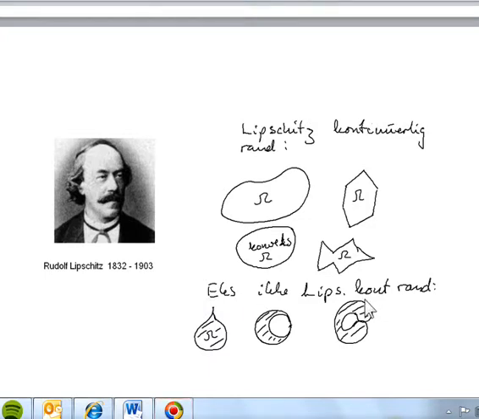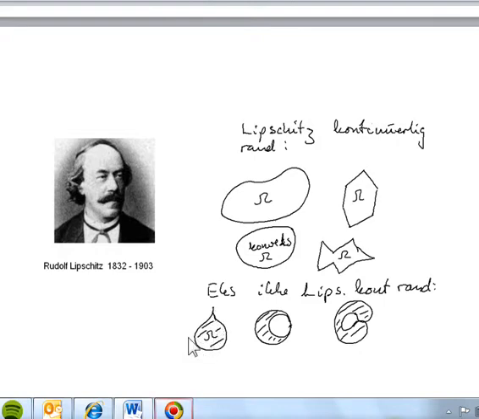It's easier to understand the concept of Lipschitz continuous boundary by considering examples where the boundary is not Lipschitz continuous. Here are some examples. We may think that we have some very sharp edge here where the angle is 0.